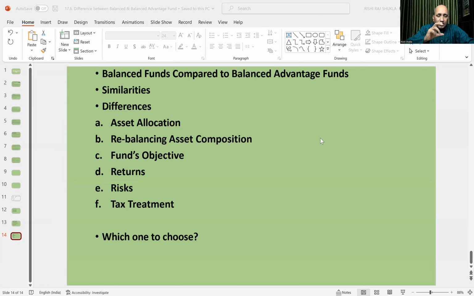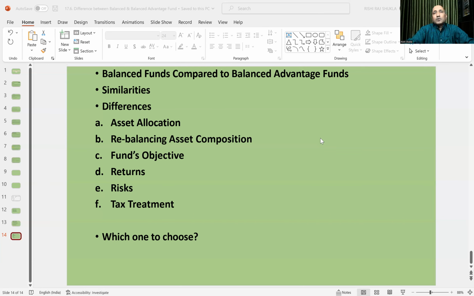So tax treatment will be as per equity and hence it is more tax efficient. In the case of short-term capital gain, there will be 15% tax. And if it is long-term, that means more than 1 year, if redeemed, then there will be 10% capital gains tax, of course with a 1 lakh rebate. If capital gains are more than that, then only it will be taxable.